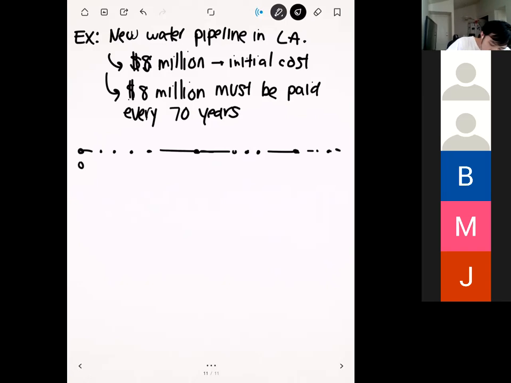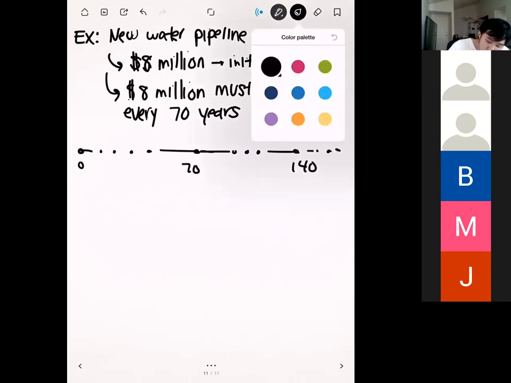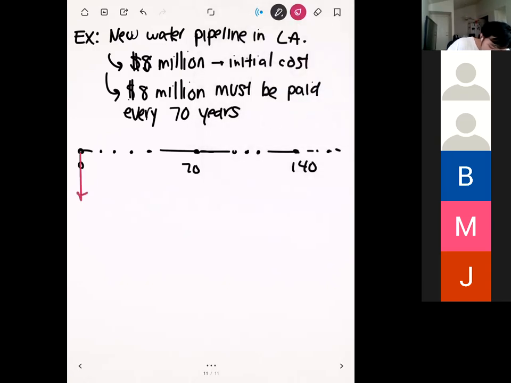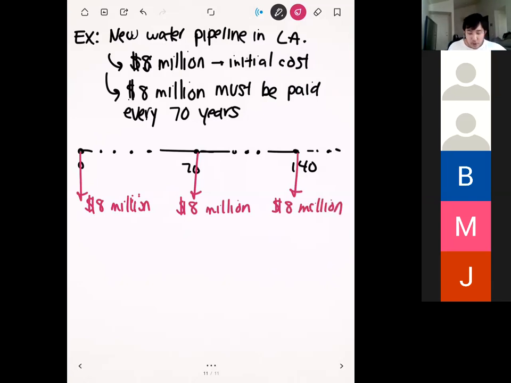At year 0, year 70, and year 140, the cash flow diagram just looks like this. It's an $8 million thing that we have to pay every 70 years.